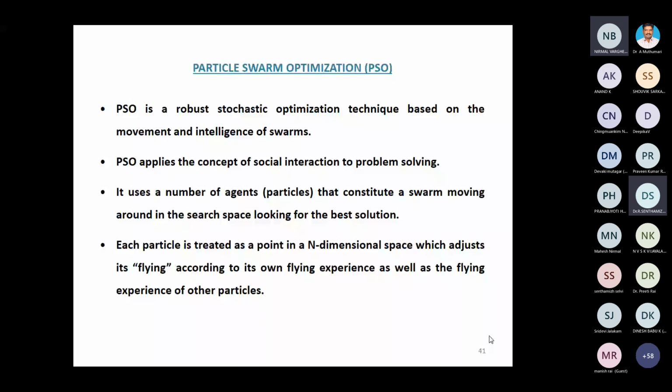For example, I have entities. If all the entities, all the parameters, have a common characteristic, then I can apply the algorithm. Otherwise I cannot. For example, say you want to know who is the best student academically in this class. Every student in this class has a common entity, that means marks.